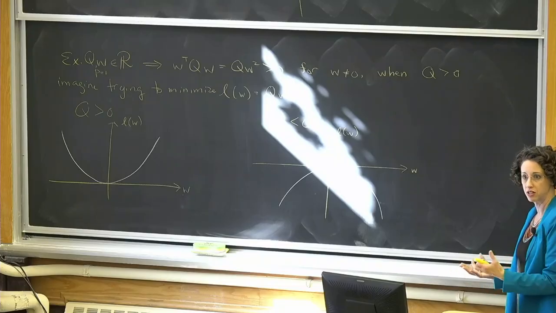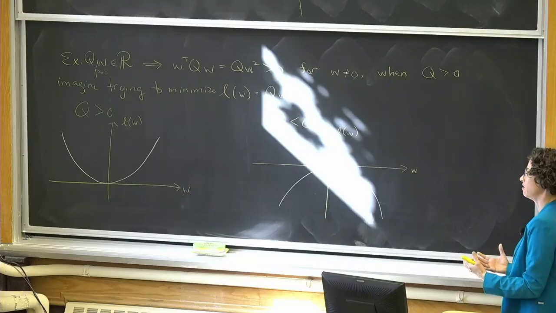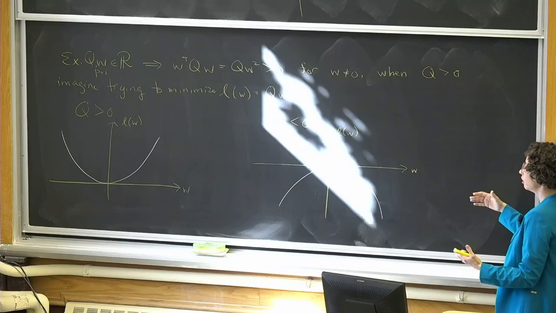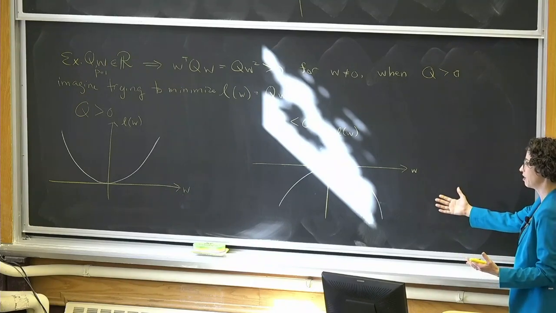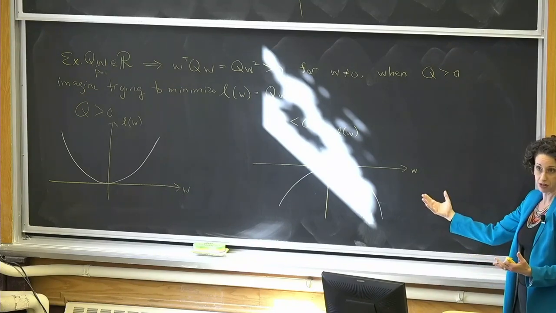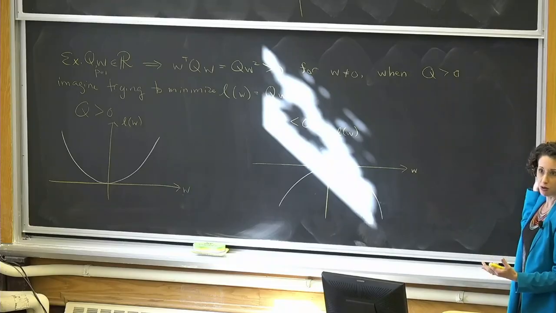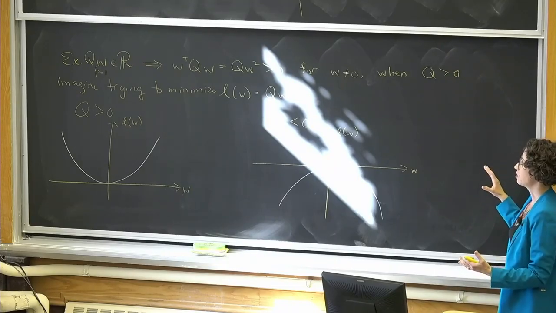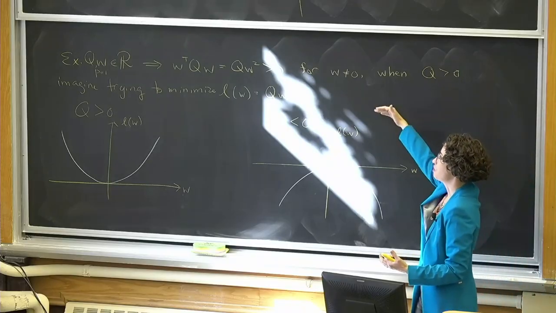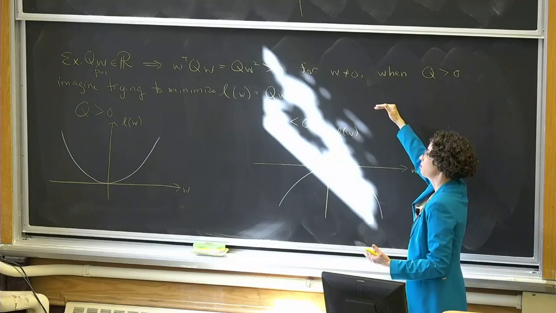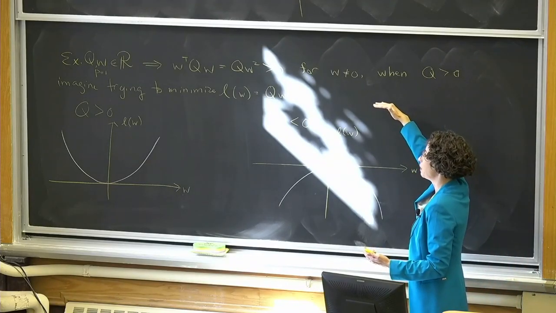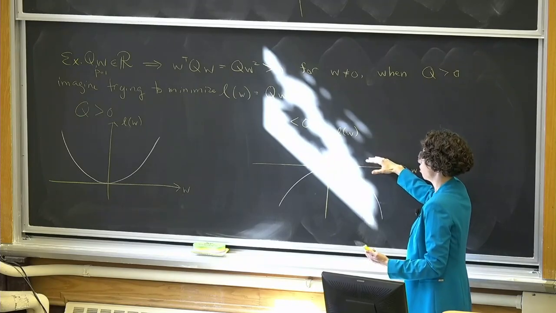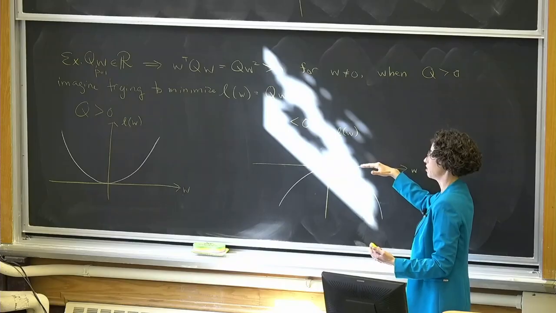I'm just trying to connect this notion of positive definiteness to things that you're already familiar with in calculus, where you're trying to find extreme values of functions in one dimension, because hopefully they'll make the concepts in higher dimensions a little bit more accessible. So I'm just trying to say what this special case of positive definiteness looks like when P is equal to 1, and what effect that has on the loss function we're trying to minimize in this special toy setting.